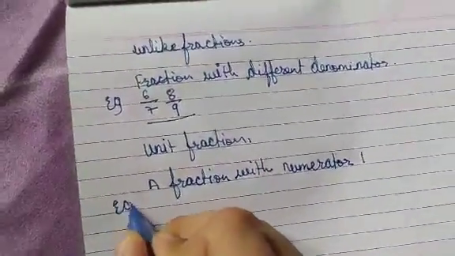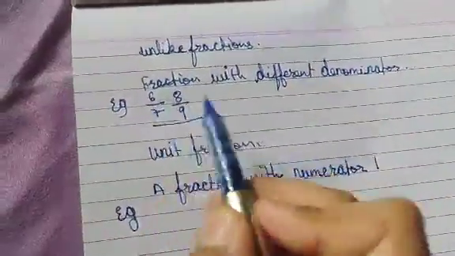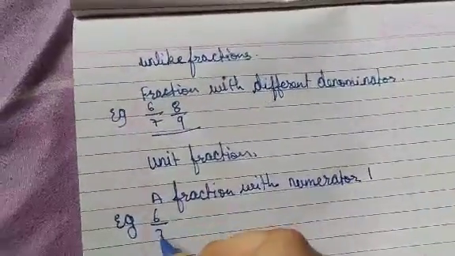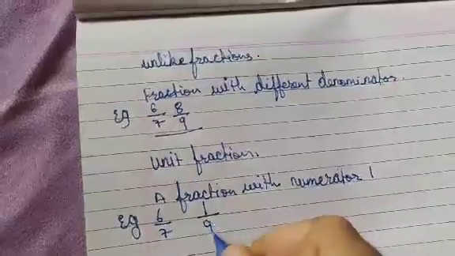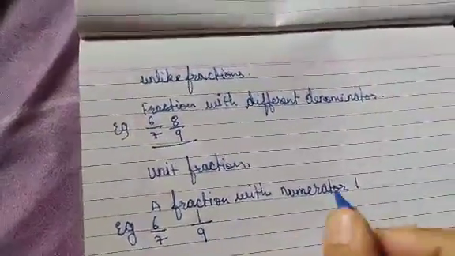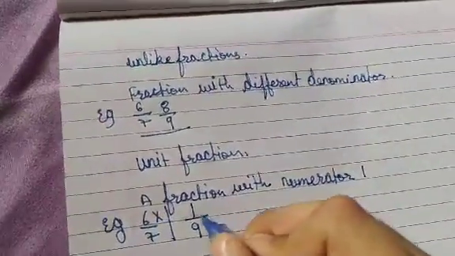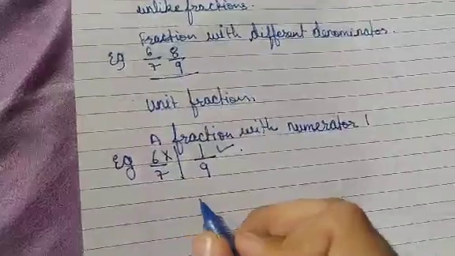Example, numerator, the upper part. Like, is 6 by 7 a unit fraction? No. Is 1 by 9 a unit fraction? Yes. This is not a unit fraction, this is a unit fraction. So next fraction I am moving.